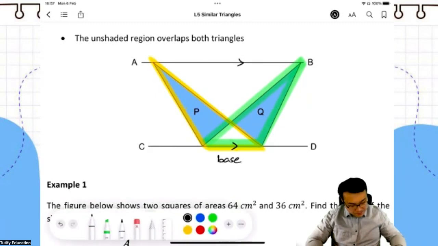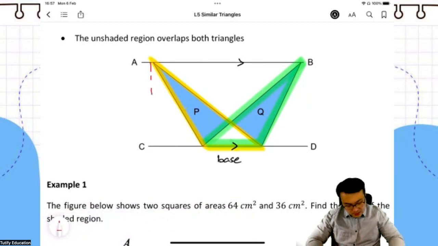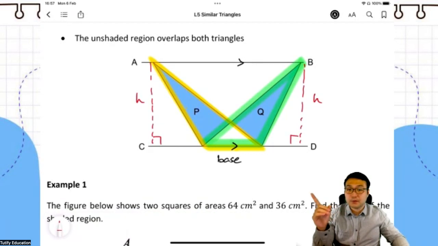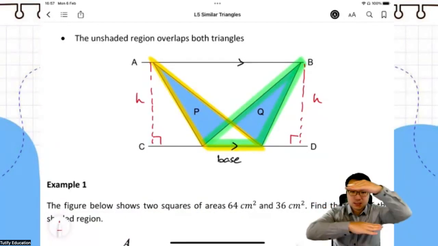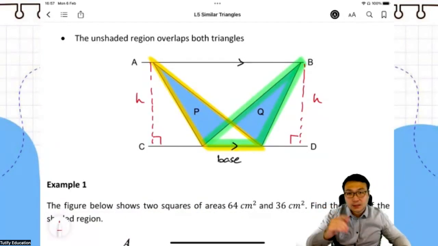And guess what? Where is the height of the yellow triangle? It's over here, 90 degrees to the base. The height of the green triangle is 90 degrees to the base. And because these are two parallel lines, the distance between them is the same. Both of them will have the same height.